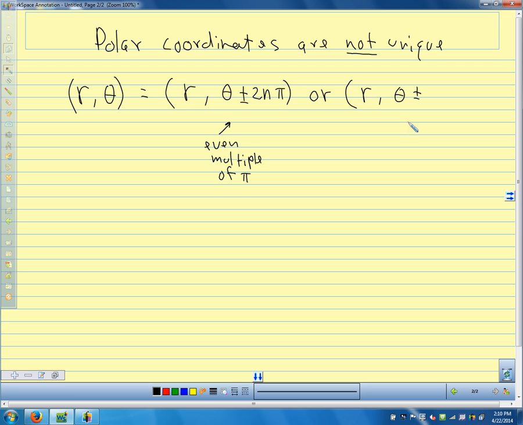So we could say this is (-r, theta plus or minus an odd multiple of pi). If we rotate 180 degrees, but we go in the opposite direction with our radius, we get back to the same point. The way we write an odd multiple of pi is (2n minus 1) pi. So this is adding an odd multiple of pi.